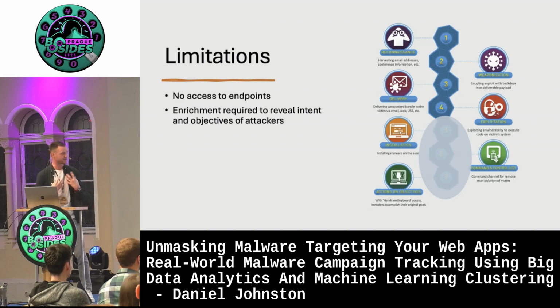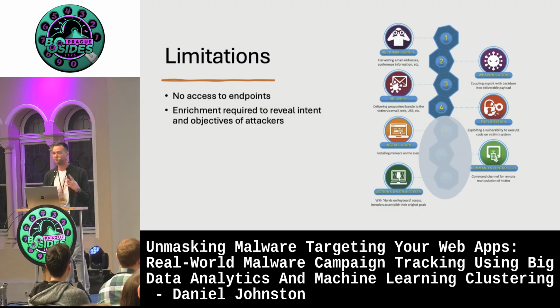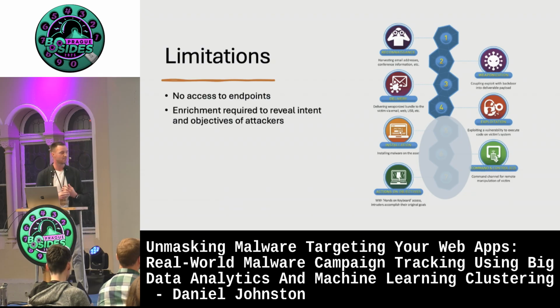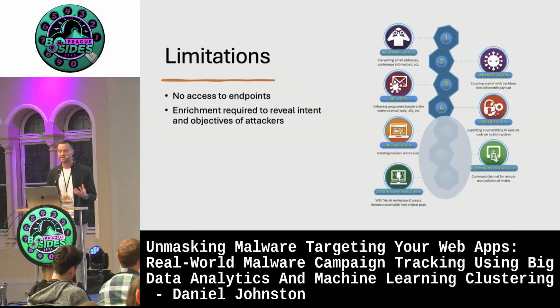We don't have any visibility over the installation of malware on an asset, for example. We don't have any visibility over the communication between an infected server and a command and control server. Therefore, we cannot deduce any objectives of the attacker, what they're trying to achieve, etc. Enrichment is clearly required in order to reveal the intent of malicious actors in our dataset.